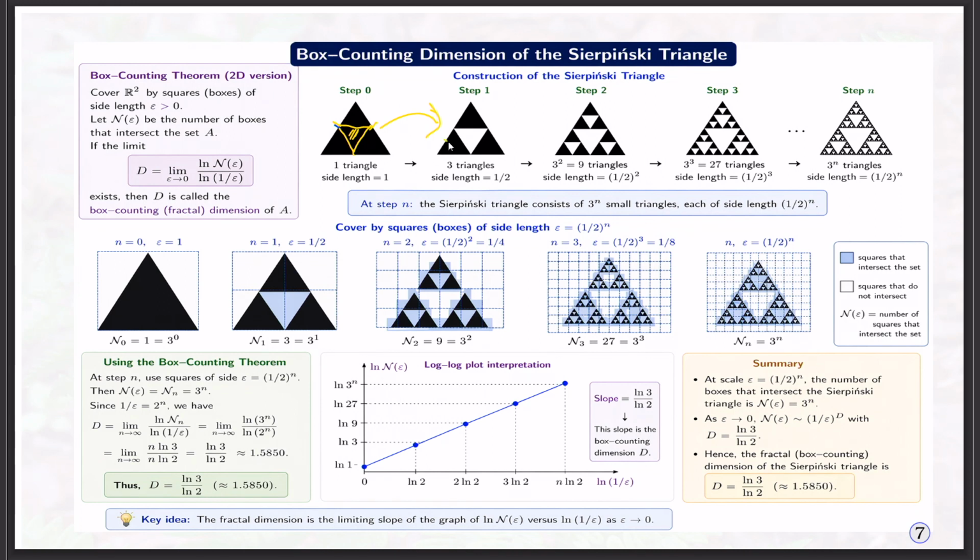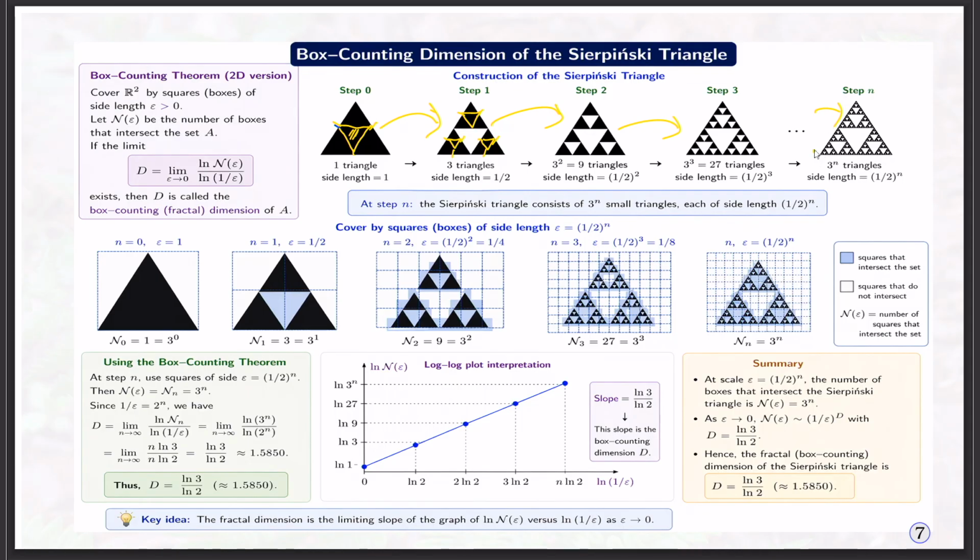The same process here: divide into 2 equal parts, connect the midpoints like this, then remove the interior, and one can get this object. Continue this process. After the nth iteration, one can get the Sierpinski triangle like this.